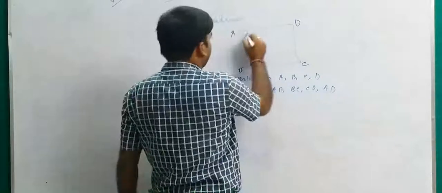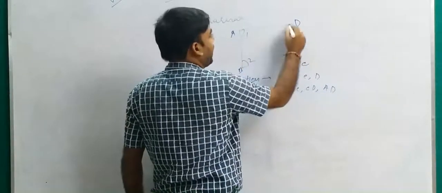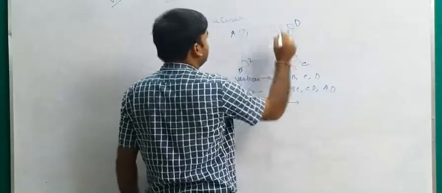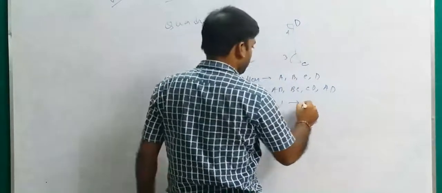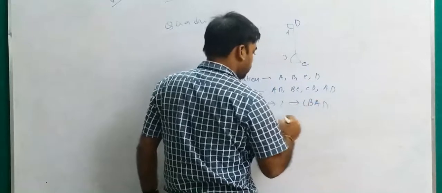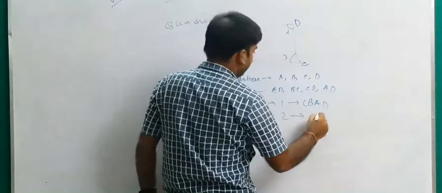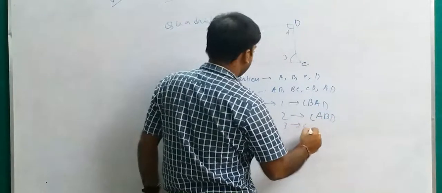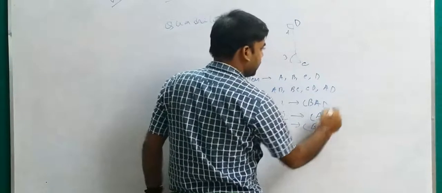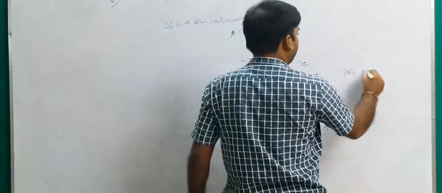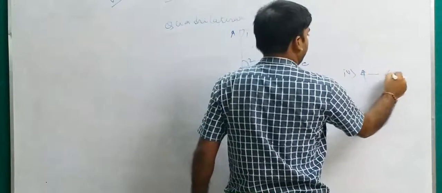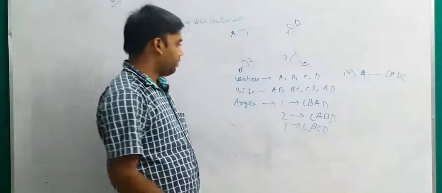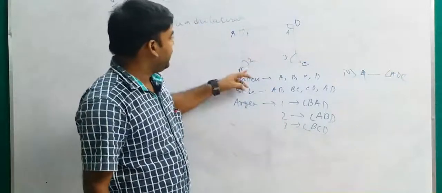Angle 1 can be written as BAD, angle 2 as ABD, angle 3 as BCD, and angle 4 as ADC.